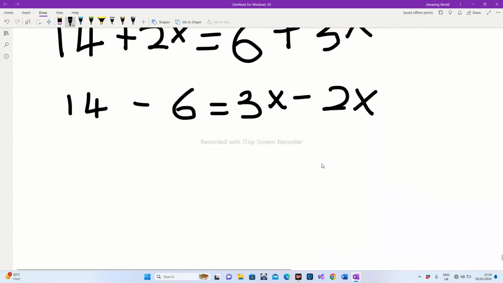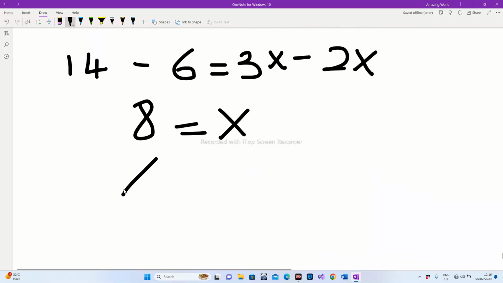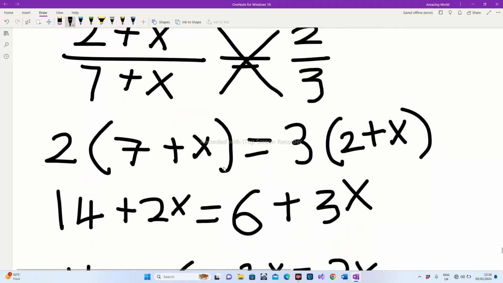So 14 minus 6 gives us 8, and 3x minus 2x gives us x. So the unknown number which was added to both the numerator and denominator of 2 over 7 equals 8. I believe this is very well explained.